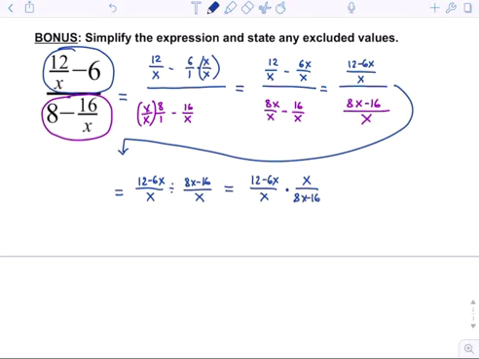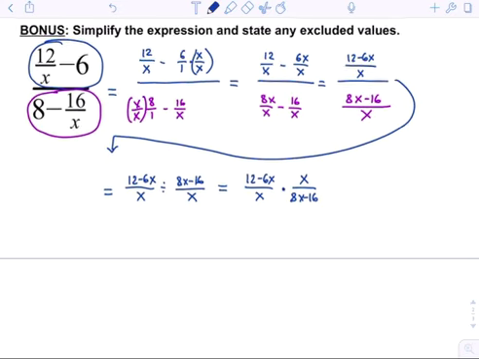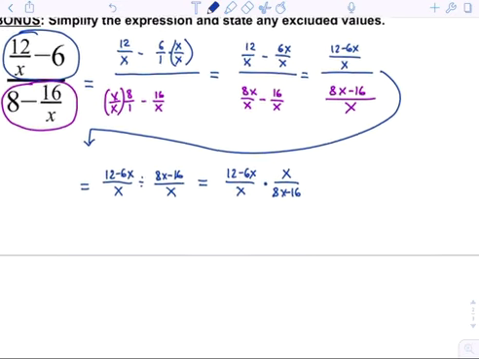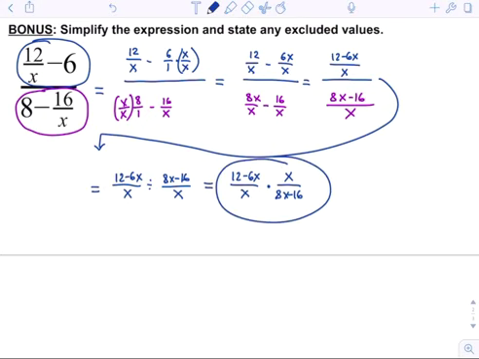Now this looks like something very familiar to us, right? Before we even begin, we have to factor everything. Notice how we have 12 minus 6x. I do not usually like the variable to be after the constant, so factor out a negative 6 from both.